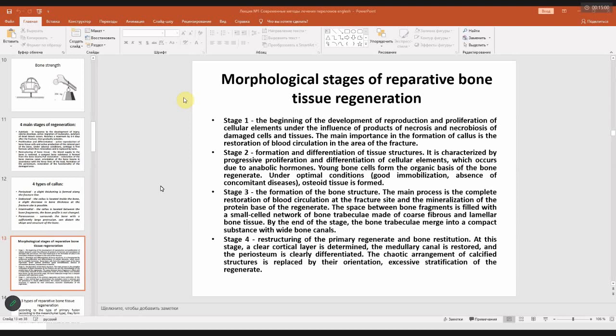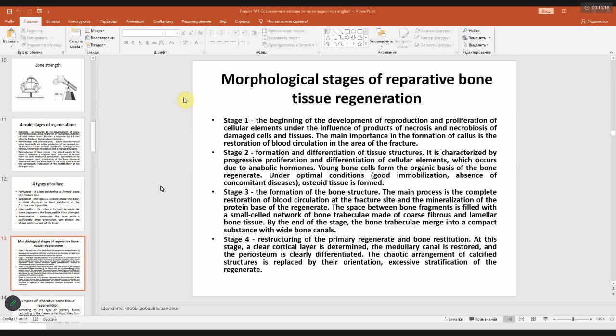The main importance in the formation of callus is the restoration of blood circulation in the area of the fracture.